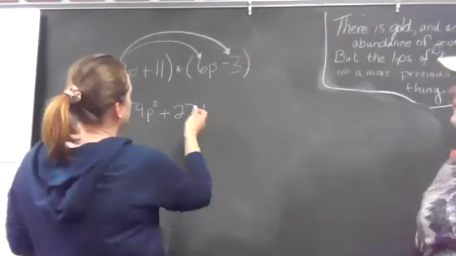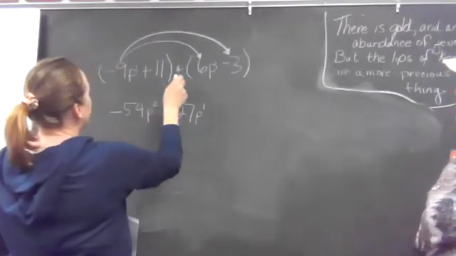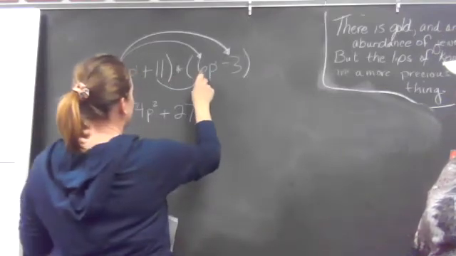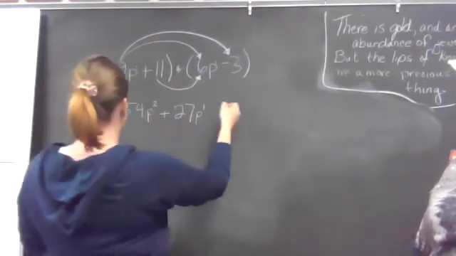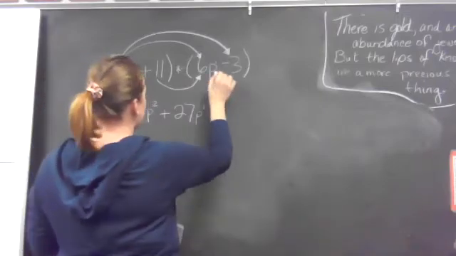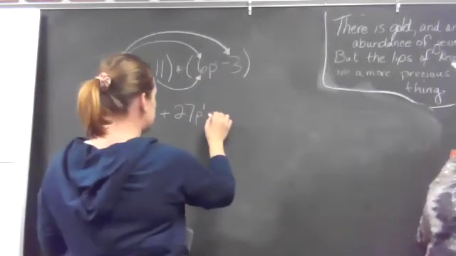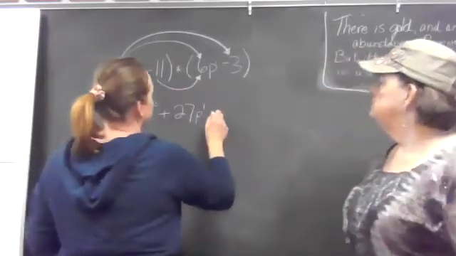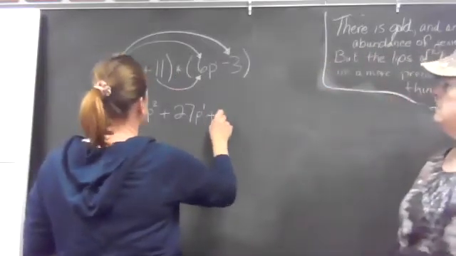Now we're going to do this here, good job, and that's going to be 54. No, sorry, 66. That's going to be a negative 66. Because positive and positive, so positive 66.